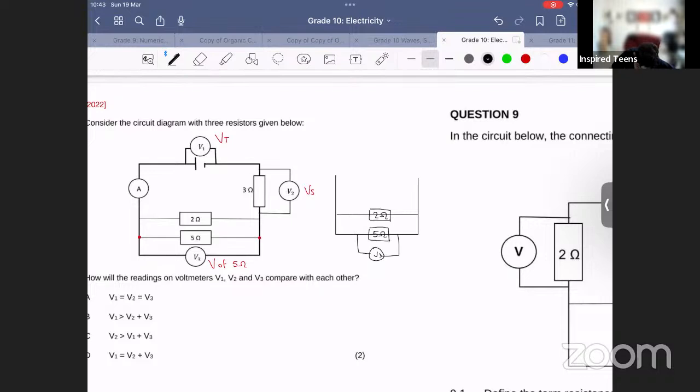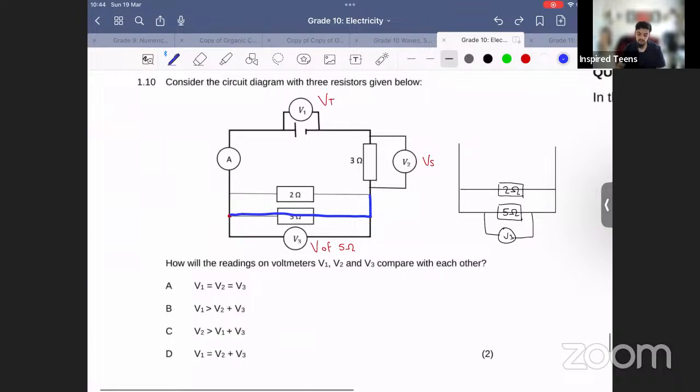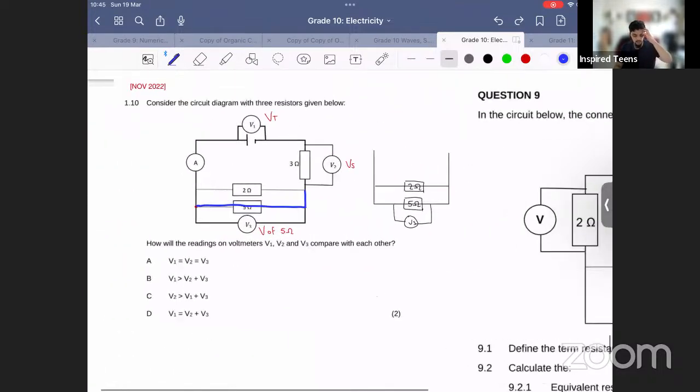V3 could also be drawn like this. The fact that it's just drawn on the edges doesn't mean anything, because all of this is part of the 5's wiring. So V3 could be drawn exactly like that.